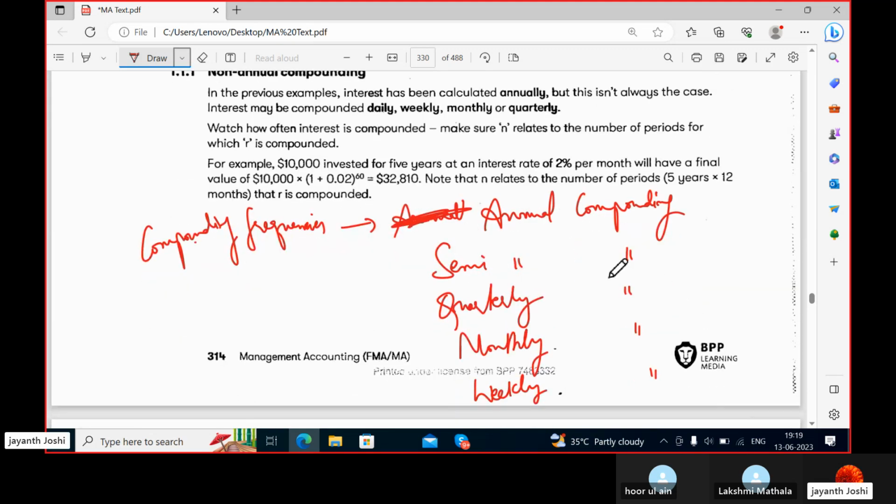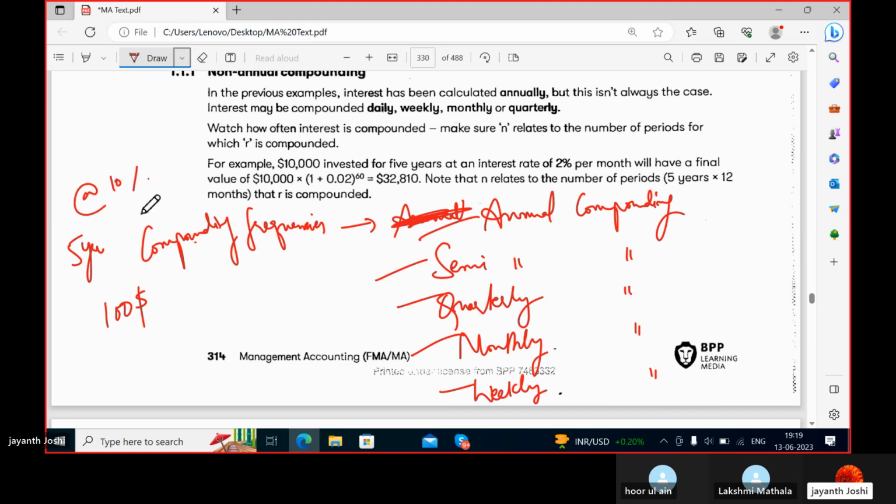For you, much more important would be 1, 2, 3, 4, almost till weekly. Okay. So now what would be the difference with this kind of compounding? Let's say we are investing $100 for a span of 5 years at the rate of 10%.